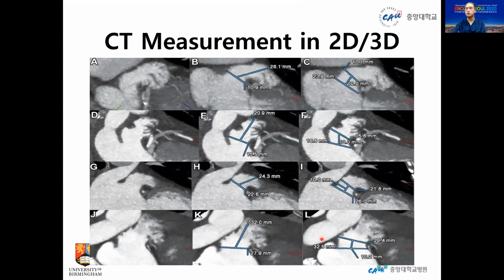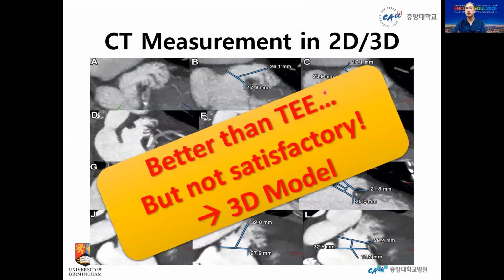Our next imaging modality was CT. Through 2D and 3D imaging measurements, we were able to become more confident in size determination. But it was not enough to replace pre- and intra-procedural transesophageal echocardiography. Therefore, we tried to investigate the usefulness of 3D models.